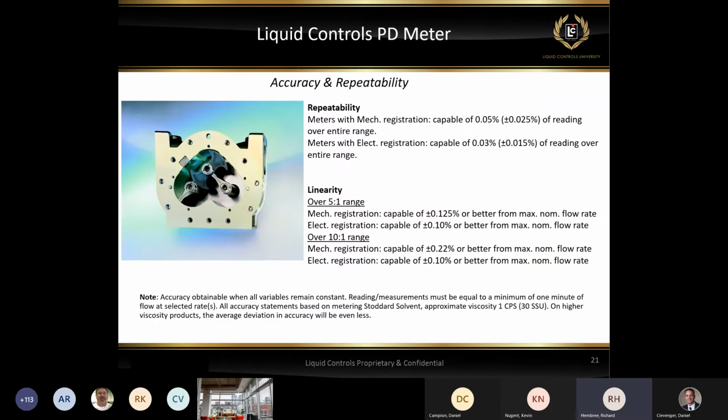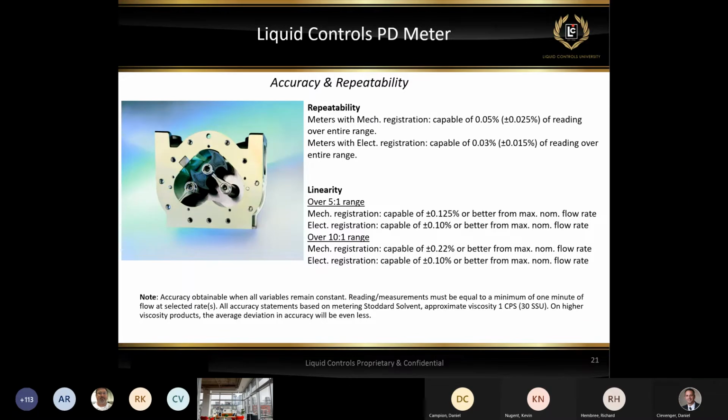What we're going to be discussing now is the actual positive displacement meter from Liquid Controls, and the reason why you'd want to choose our particular meter. There's a lot of them out there, and we're going to cover some of them. But when it comes to accuracy, the LC meter design has no match. We are, I believe, the best metering principle out there for positive displacement custody transfer.